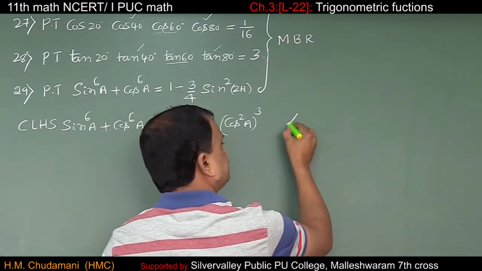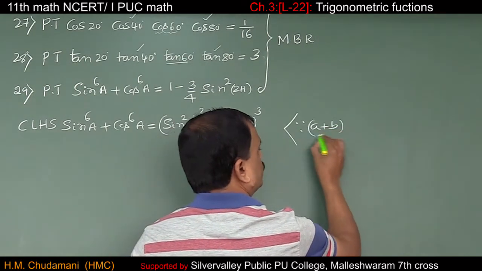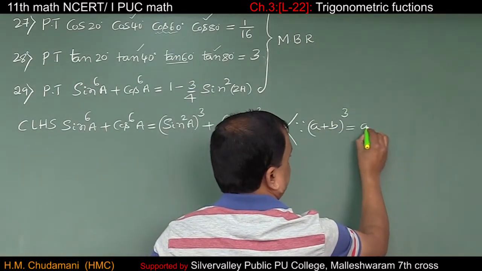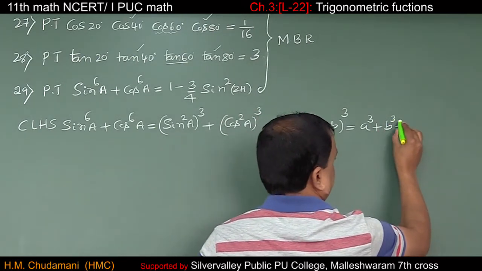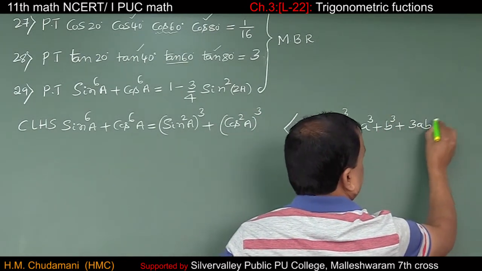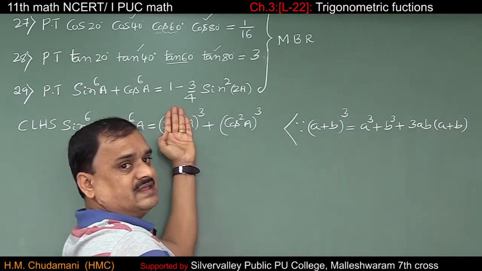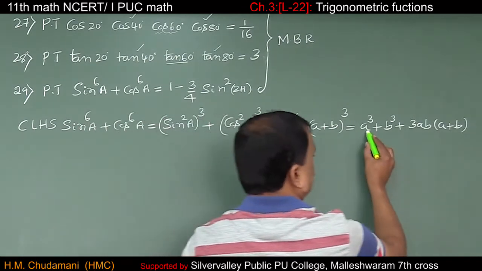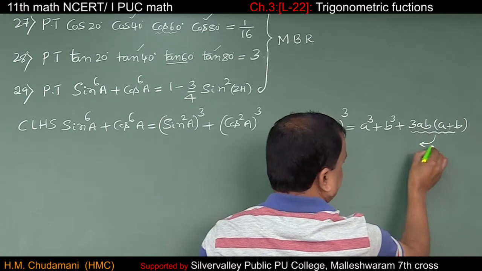See, we have the formula (A plus B) whole cube is equal to A cube plus B cube plus 3AB into (A plus B). Now we want A cube plus B cube, so I just shift this to the left hand side.